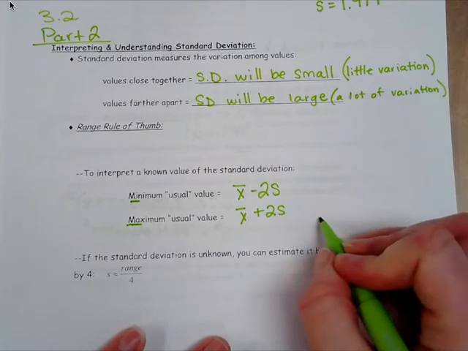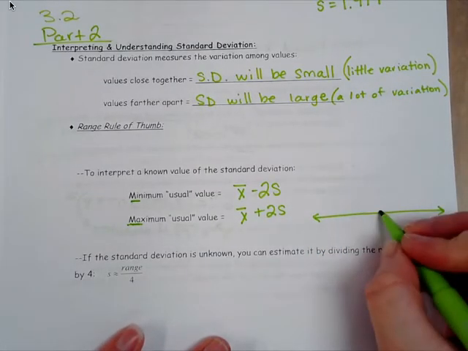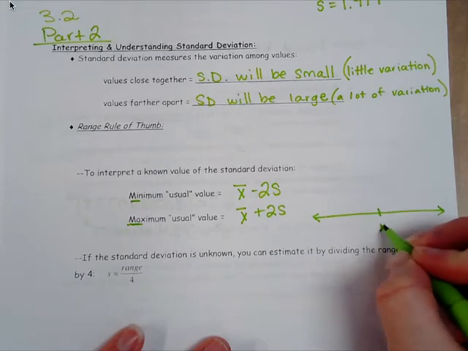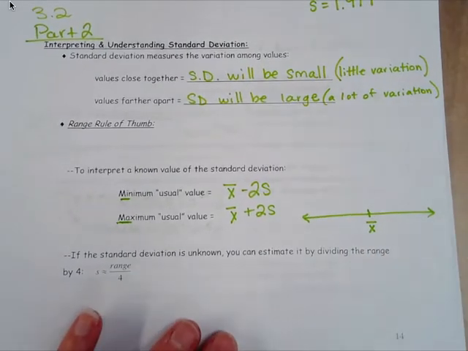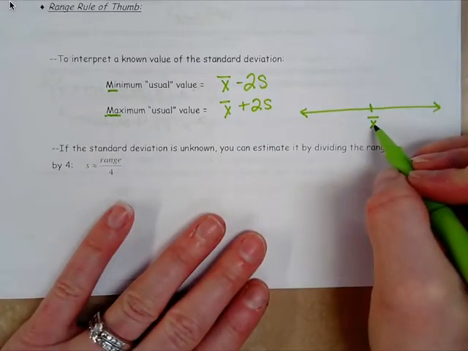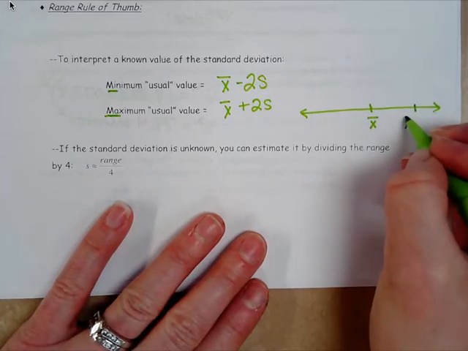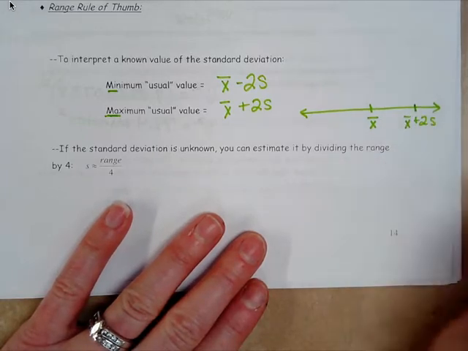So if we think about this like a number line, in the middle is our mean, x bar. If I take x bar and add 2 standard deviations to it, it's going to come out here: x bar plus 2s.